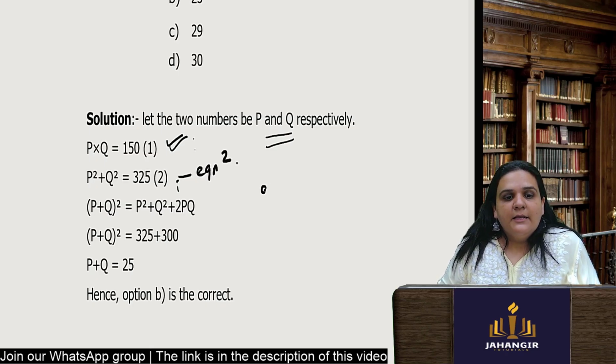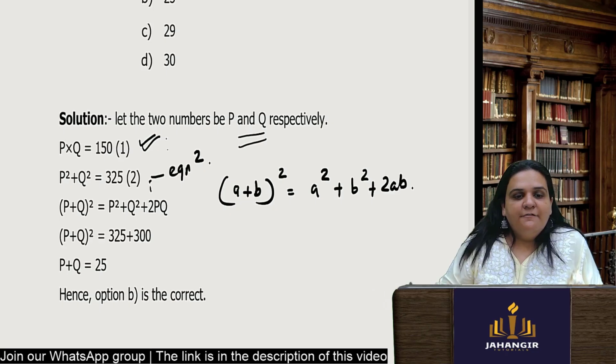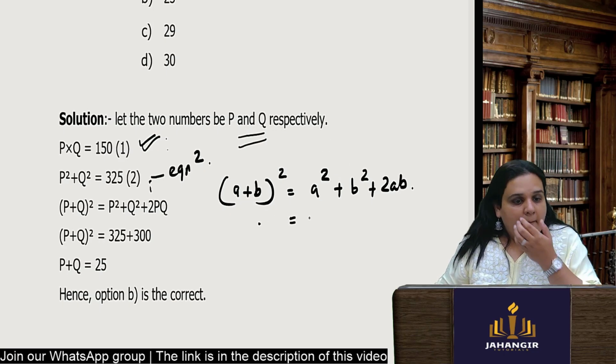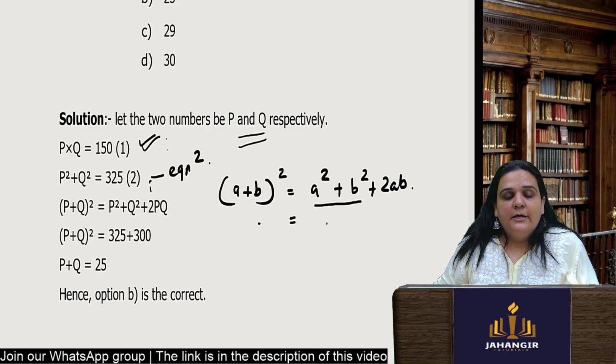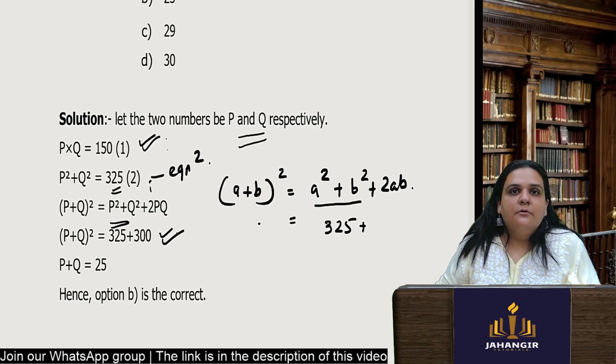Now we know that A plus B the whole square is A square plus B square plus 2AB. So I will put all the values in this. P square plus Q square is 325, which they have given me. 2PQ I can find, PQ I know is 150, so 2 into 150 is 300.